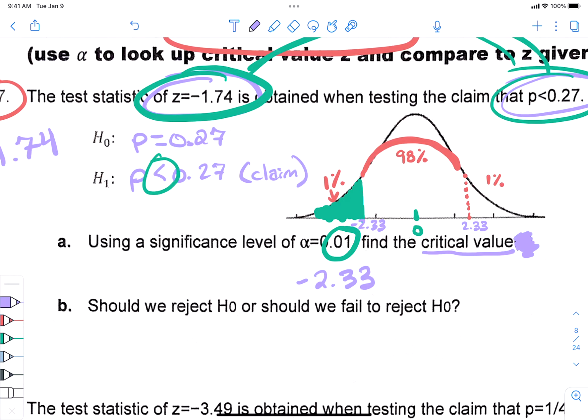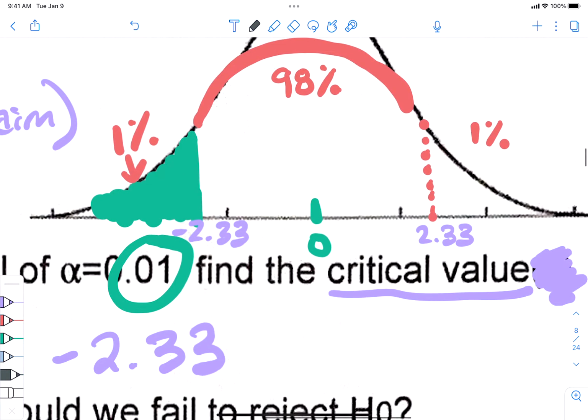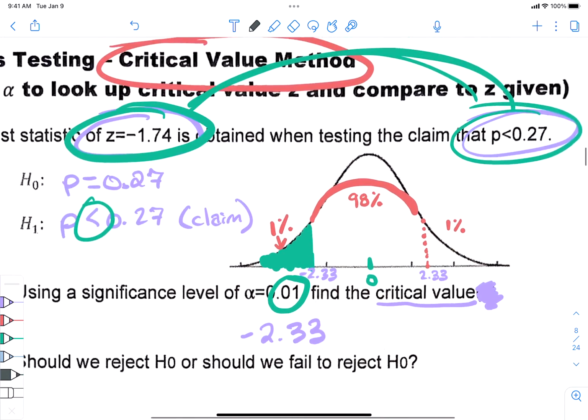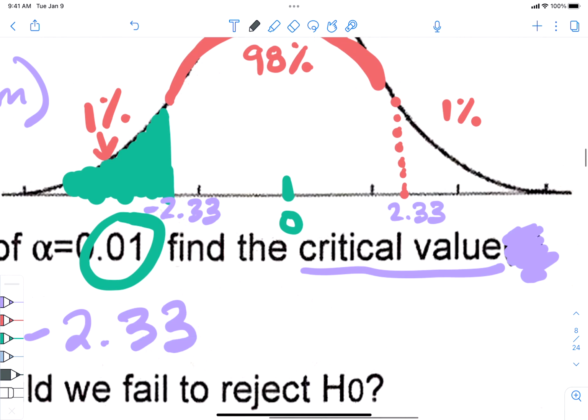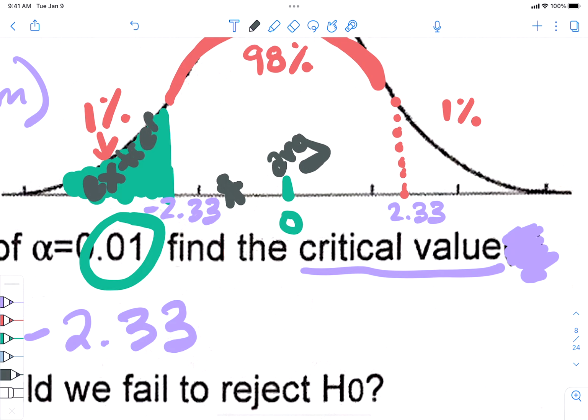Should we reject the null hypothesis or fail to reject? We have to make that decision now. So in comparison to the negative 2.33, what number do I compare? The negative 1.74, right? Where does he live on this scale right here? In the middle. He lives over here, which means if this is my average number, and this is considered to be an extreme number, okay?